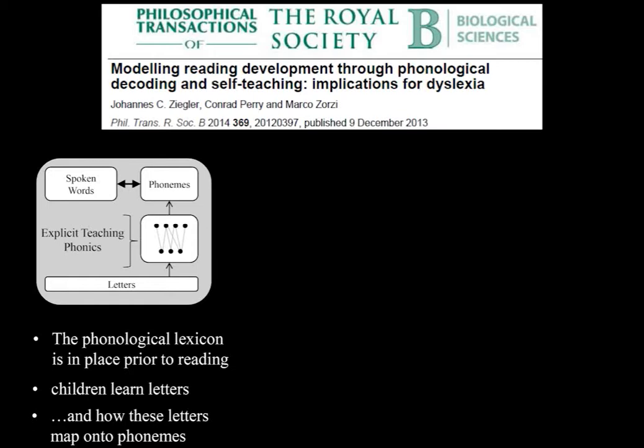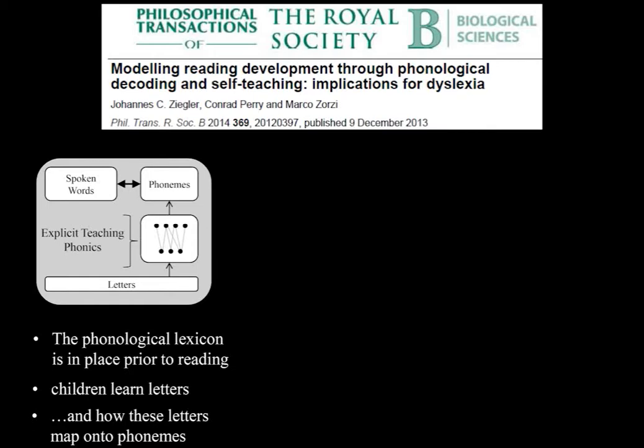This is what we have done recently in work that was published in this paper. We took what is nowadays the most influential theory of reading development, proposed by David Share in 1995, called the phonological decoding self-teaching hypothesis. It's very simple.